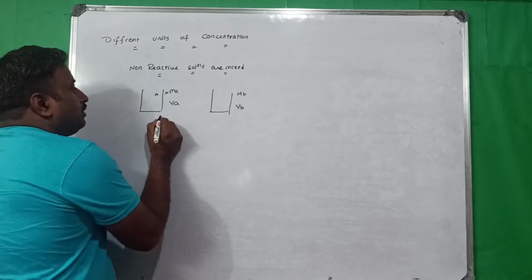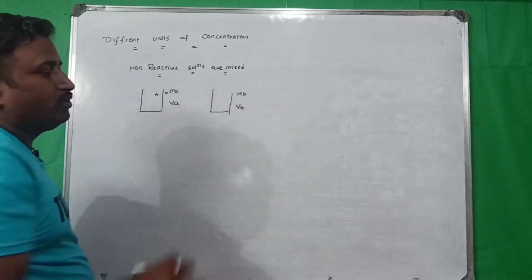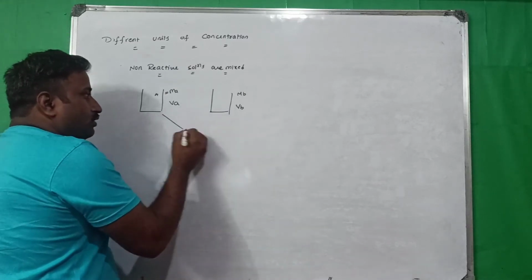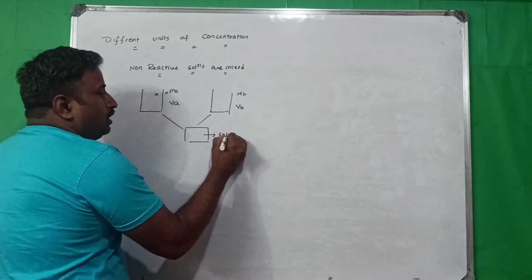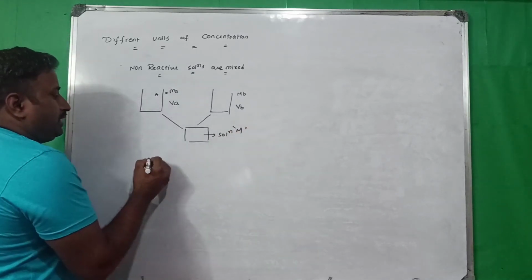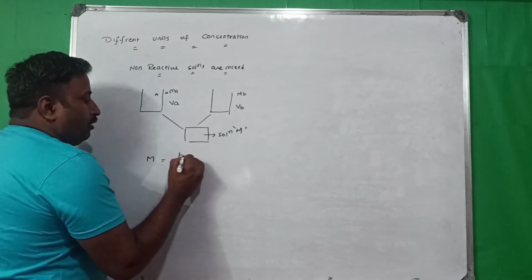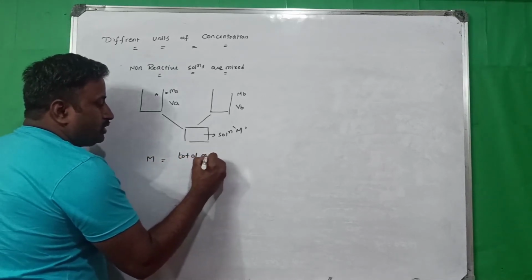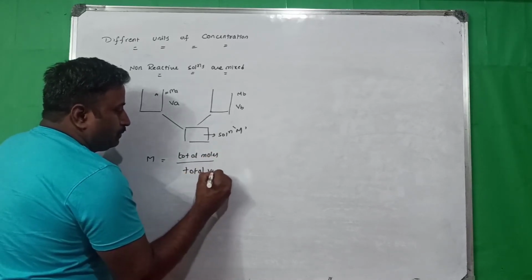From this, we took volume of A and volume of B and we mixed both of the solution. Then we got a resultant solution whose concentration is M. Then M is equal to total moles upon total volume.